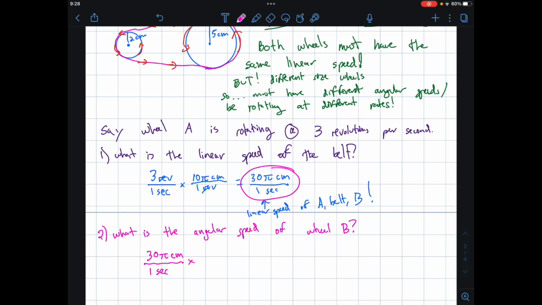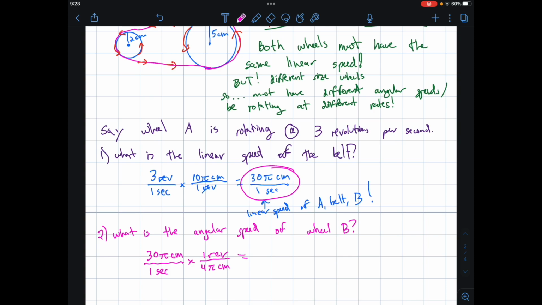The circumference of B is 2 times pi times 2, which is 4 pi. So every time we do 1 revolution, we go 4 pi centimeters.